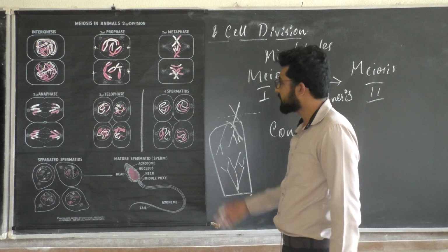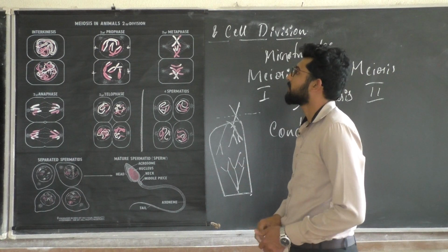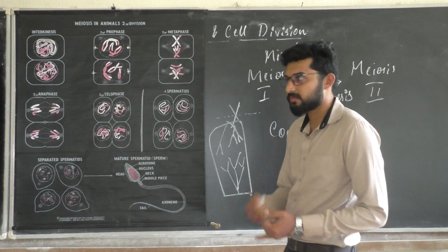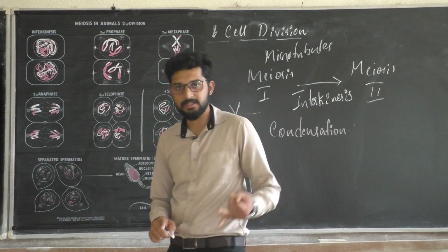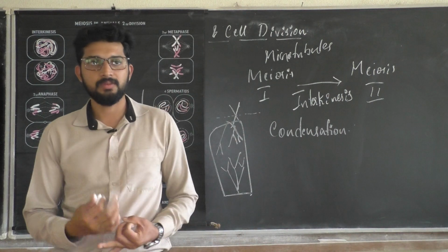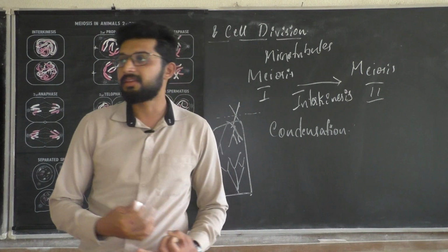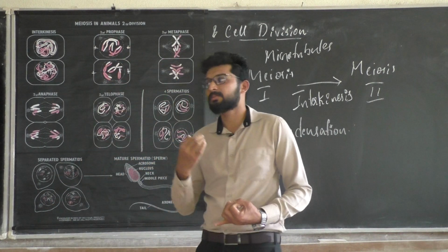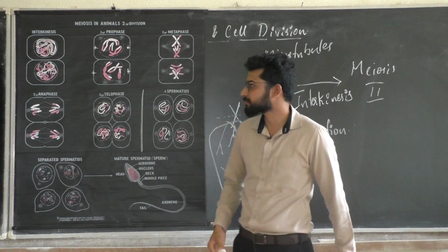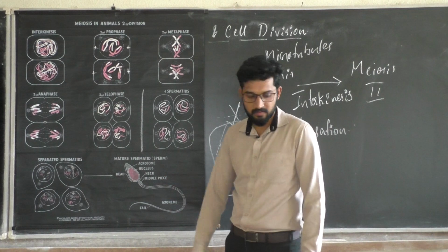So we have studied meiosis 1 and meiosis 2, which are parts of meiosis as a whole. In meiosis 1 we have prophase 1, metaphase 1, anaphase 1, telophase 1. In meiosis 2 you have prophase 2, metaphase 2, anaphase 2, telophase 2. This is the ending story of meiosis.